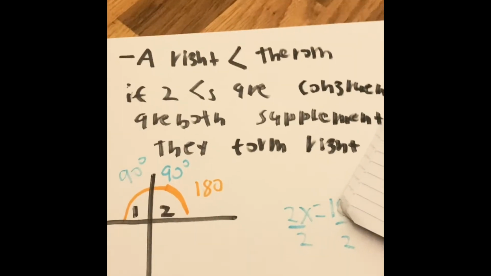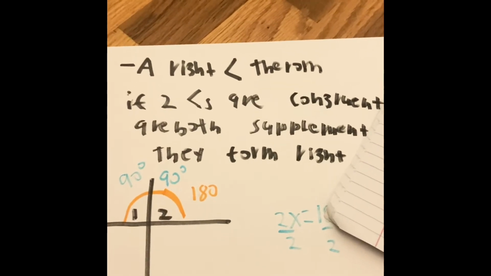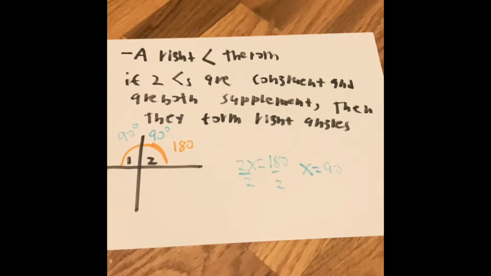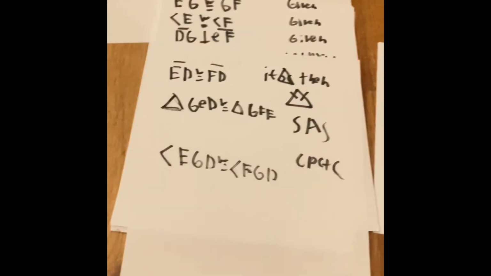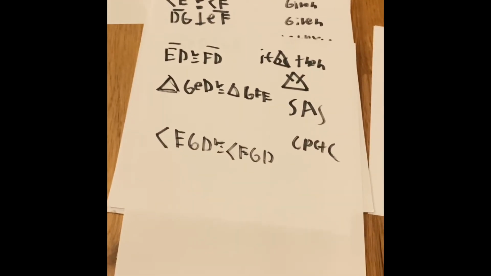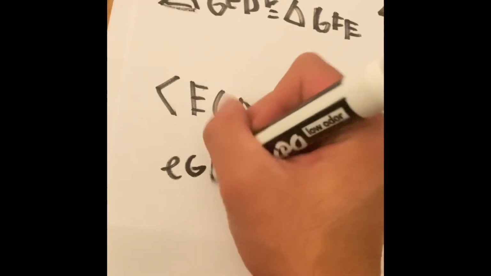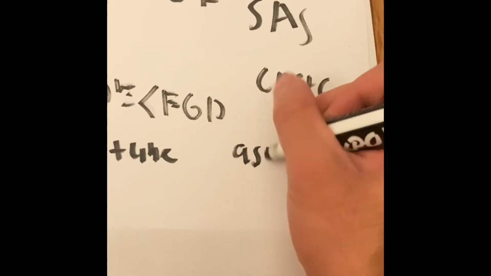So if we can do that, we have to prove that two angles are congruent, and they also have to be supplementary. In order to have supplementary angles, we must have a straight line. So we can now say that EGF is a straight line. We assume that.